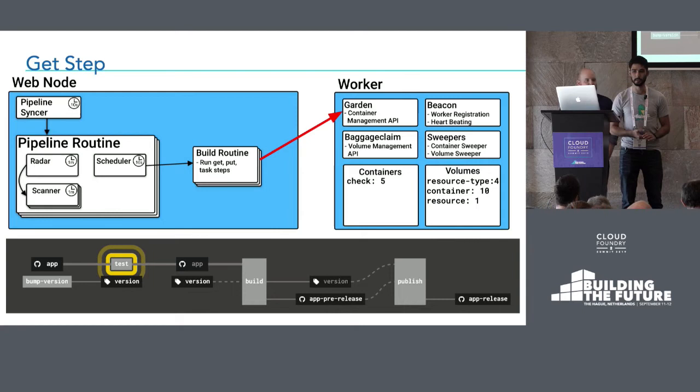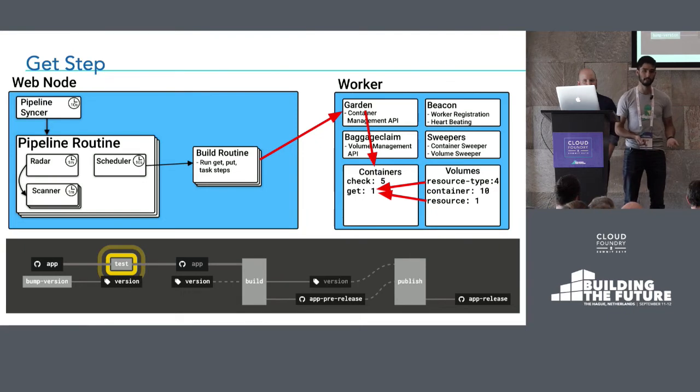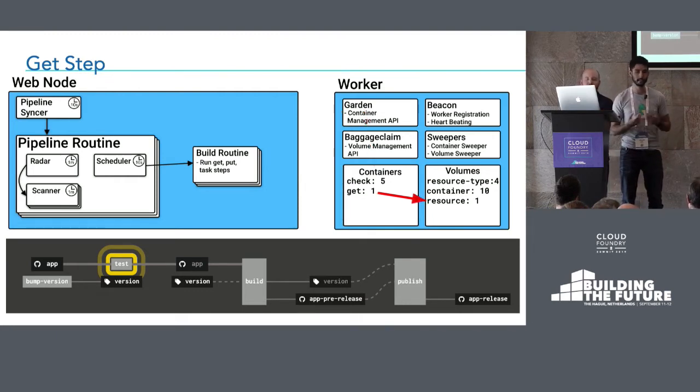And then the build routine will talk to Garden, and it will have it create a container with that empty resource volume, and it's going to reuse one of the resource type volumes that was used previously by the scanner and the check containers. And then a script will be executed inside this get container, and the output will be saved in that empty resource volume, which is now no longer empty. And that's pretty much how the get step is executed.